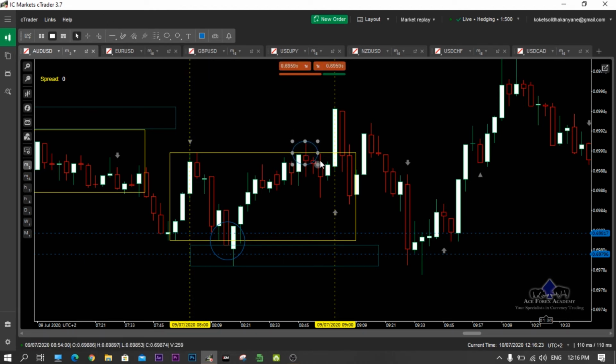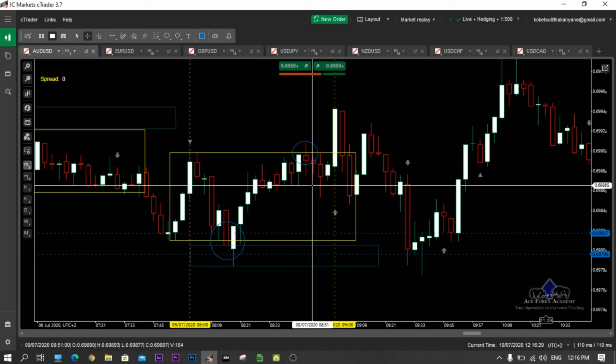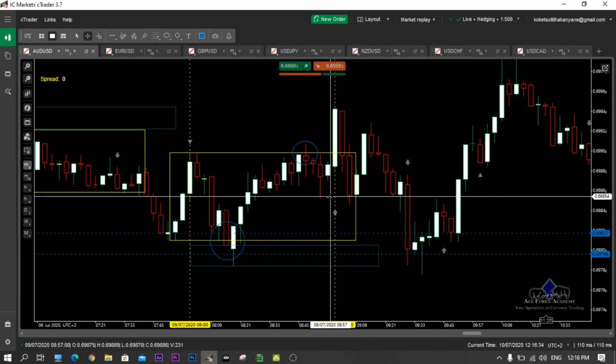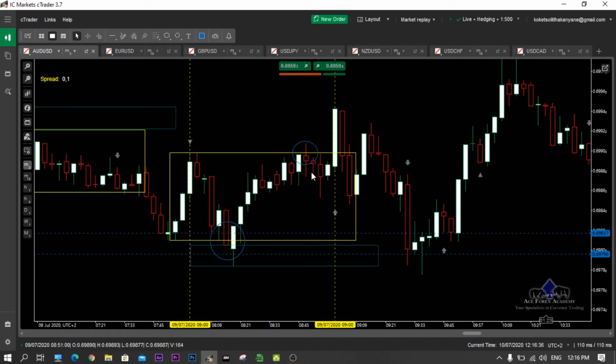hit our resistance, right? Price came, hit our resistance, but we never got any confirmation right up until trend finally changed, right? So we wouldn't have taken this particular trade, and it would have saved us, because if you can notice over here, trend changed to the upside and trend came back down again.